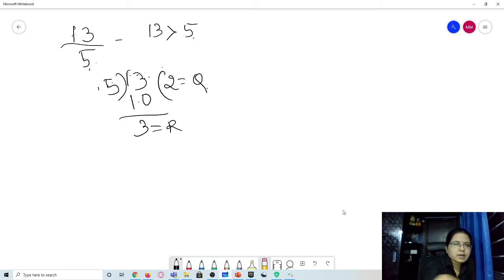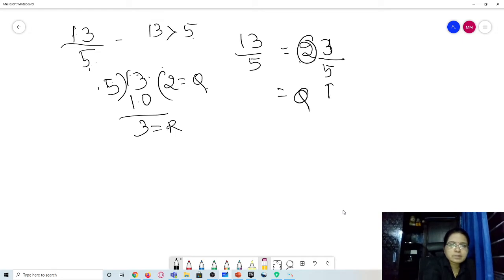So 13 divided by 5 is quotient 2, remainder 3 divided by divisor 5. Quotient, remainder divided by divisor. Quotient is 2, remainder is 3 and divisor is 5.